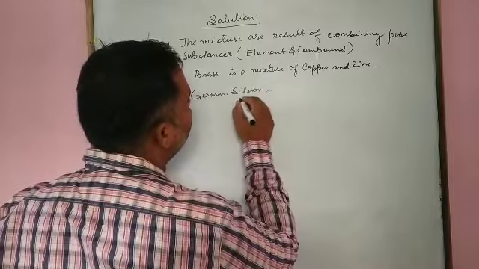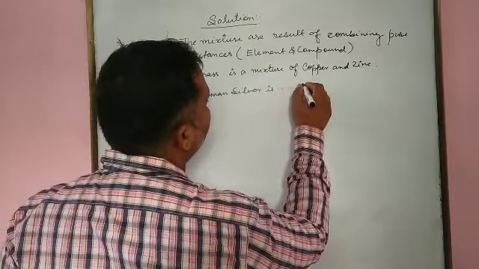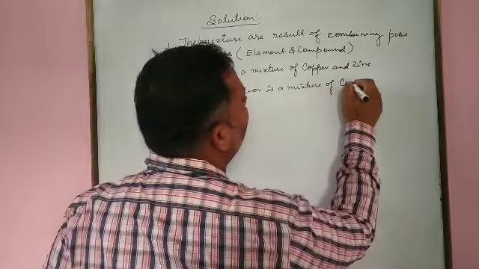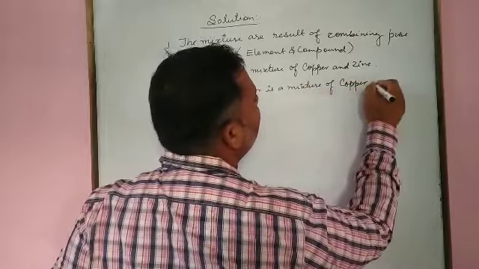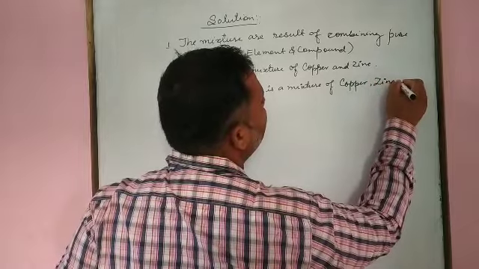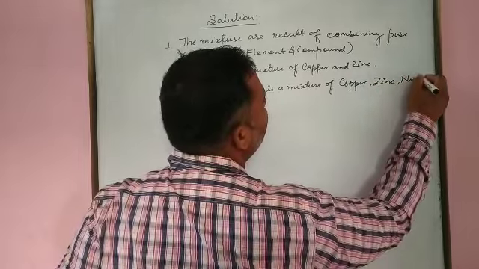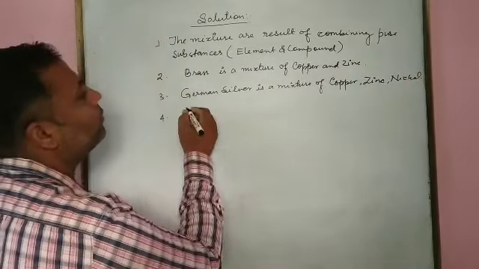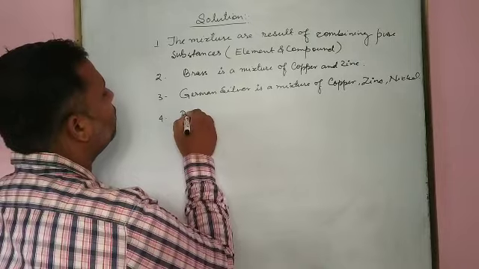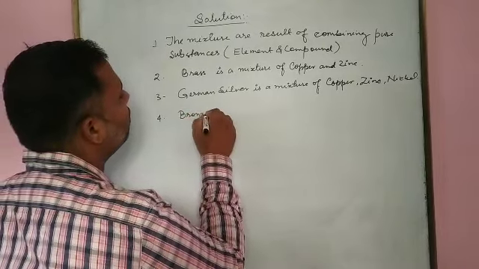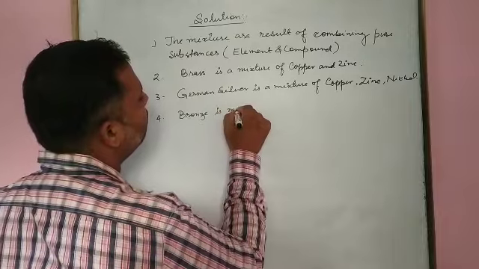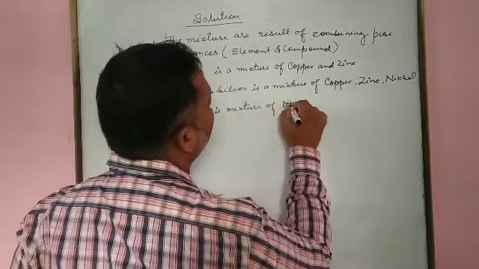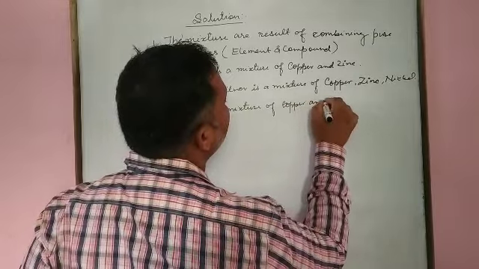German silver is a mixture of copper, zinc and nickel. The next one, bronze. Bronze is a mixture of copper and tin.